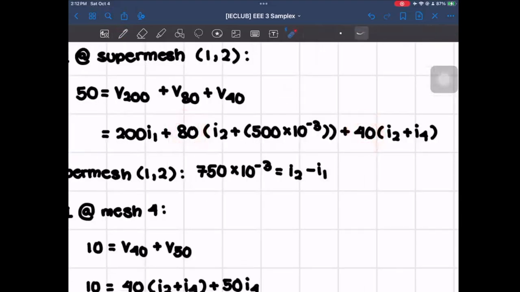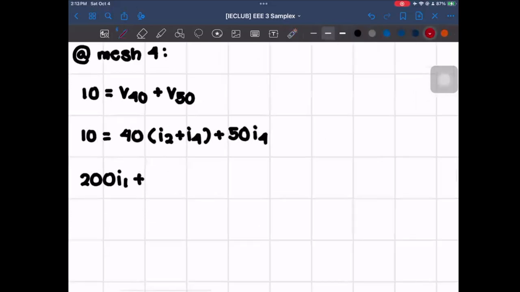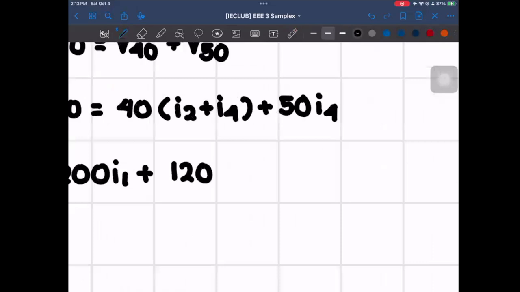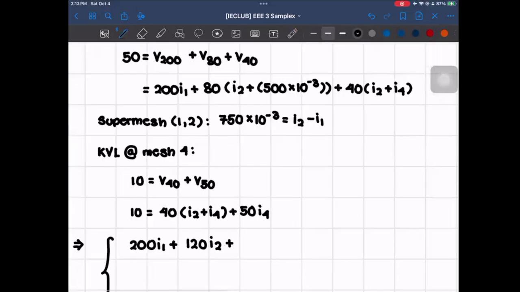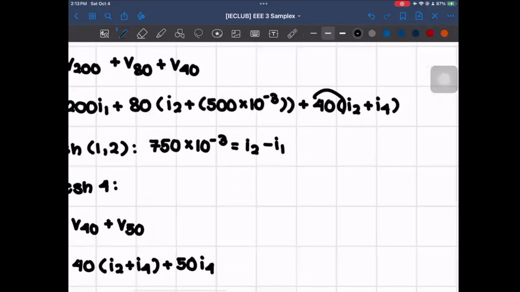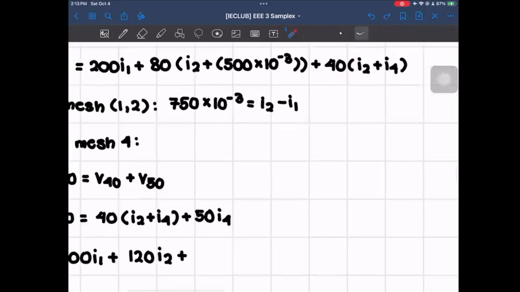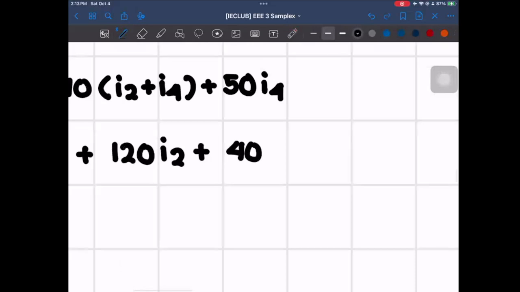So that's 80 I2 plus 40 I2, and 80 plus 40 is 120. So it's 120 I2, plus for our I4, it's just this one, so plus 40 I4.